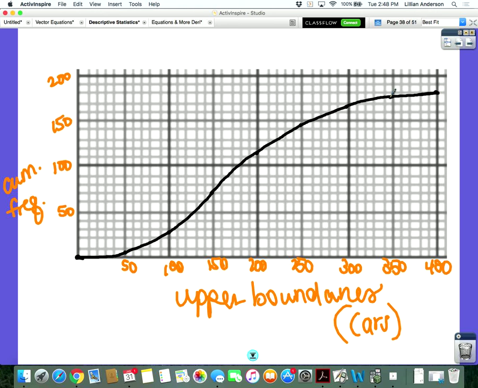You want to be as smooth as possible, because it will say, using your graph, determine X, whatever. So it's important that you use a graph that's a good drawing.